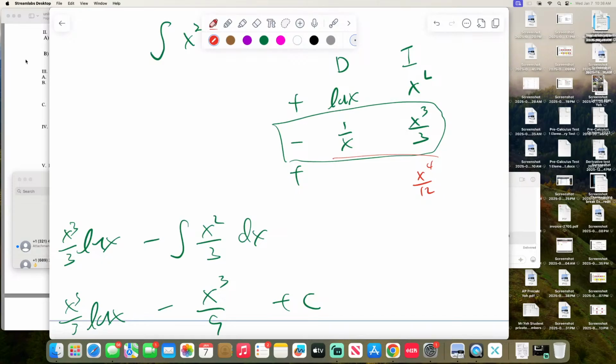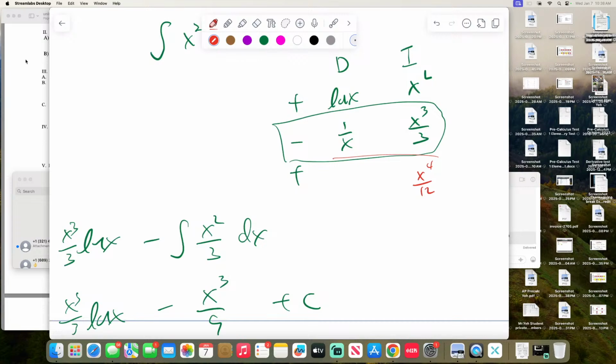So what I'm going to do is integrate u v prime dx plus the integral of v u prime dx, which is equal to uv.